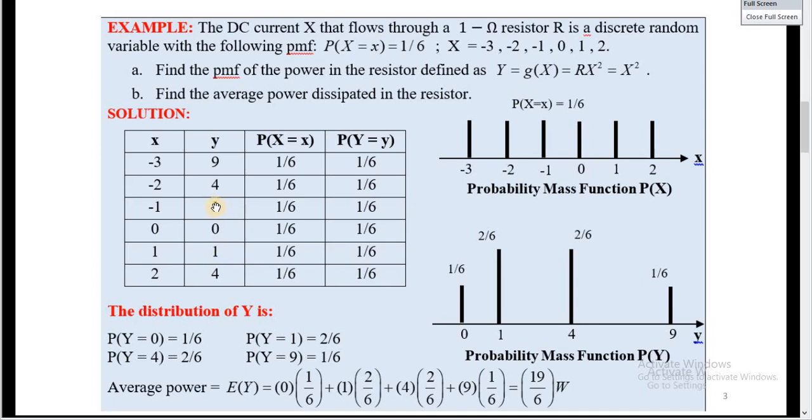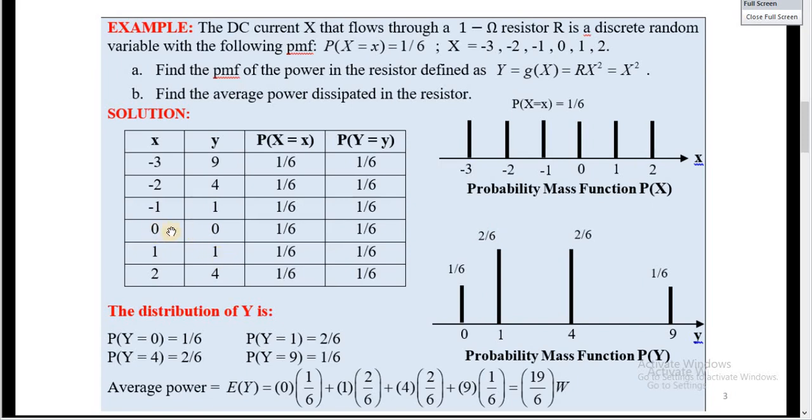So the probability that y equals 1 is the same as the probability that x equals minus 1 plus the probability that x equals 1. So the probability of y equals 1 is 2 over 6, which is the probability that x is minus 1 plus the probability that x is 1.